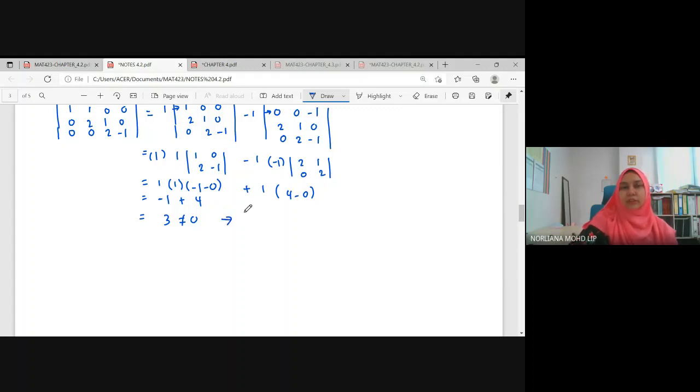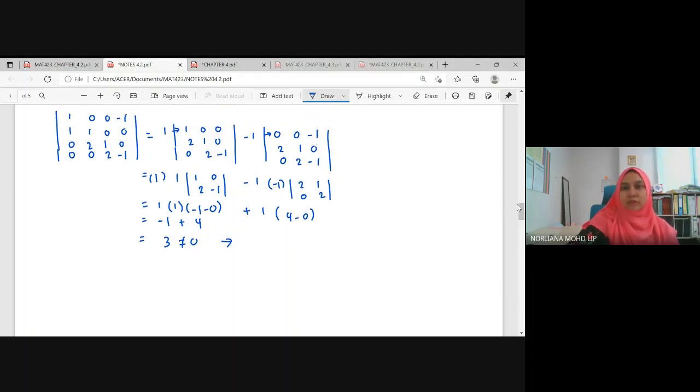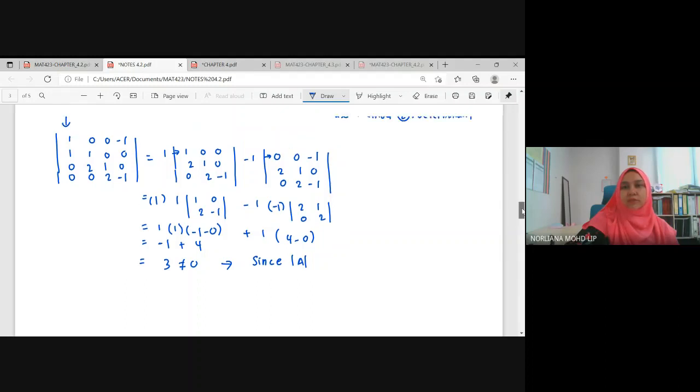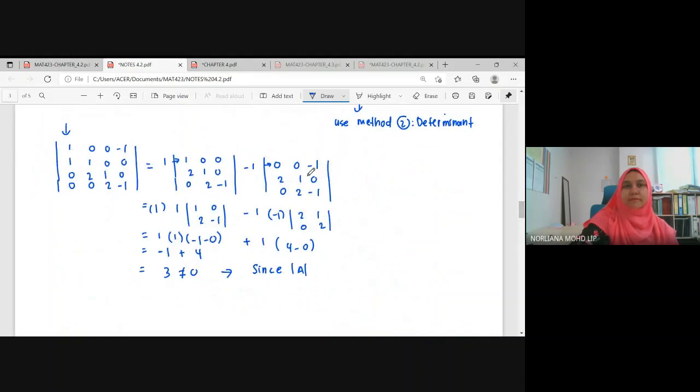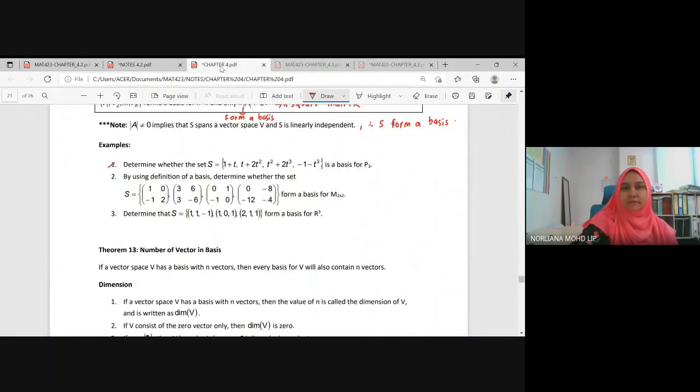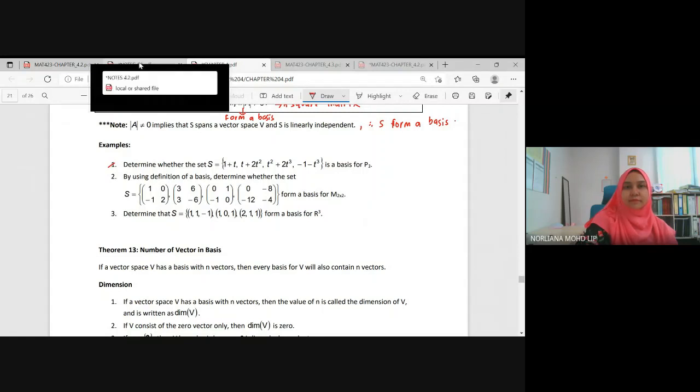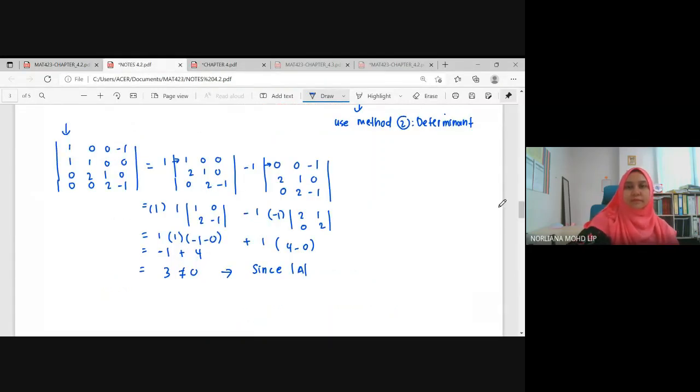So boleh buat conclusion lah. Since, okay, determinant of A, dia punya tu apa A? S sepatutnya kan? Set S kan? Is not equal to 0.